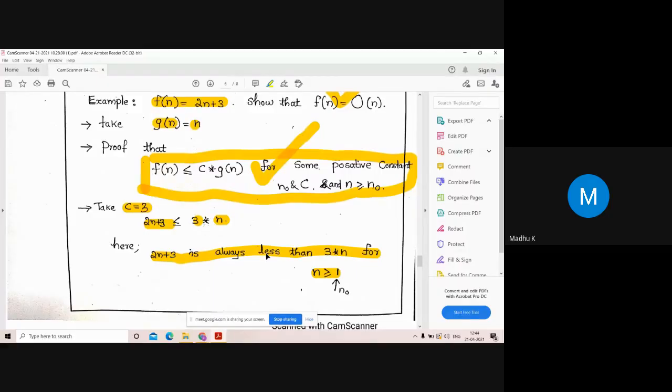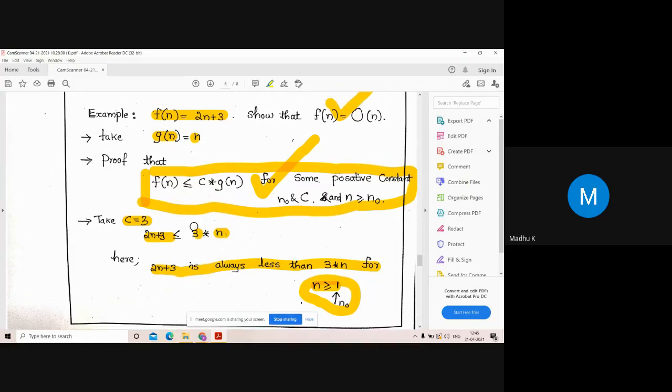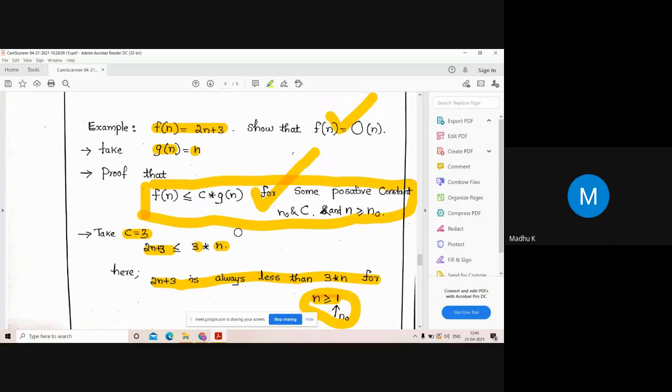So this will always be right for n greater than or equal to 1. Okay. So we proved this relation. Then we can say that f of n is equal to big O of n in this case. This is an example of big O notation.